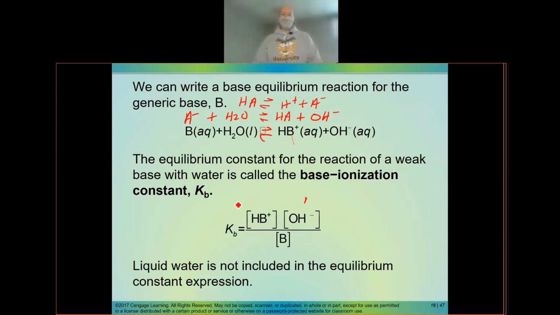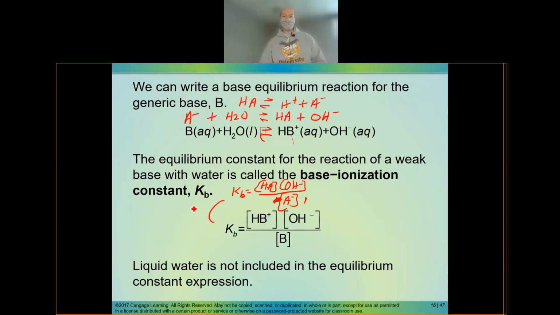All right, so my Kb, they have their Kb. And remember, water is a pure liquid. You are not going to put that into your setup. So my Kb is going to be my HA concentration, which is exactly the same as their HB plus, OH minus concentration, all over my A minus. All right, so that is exactly the same.